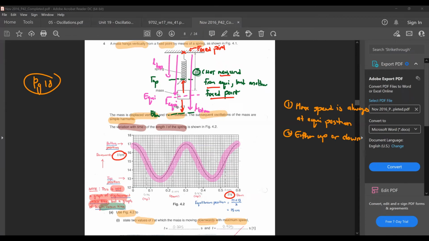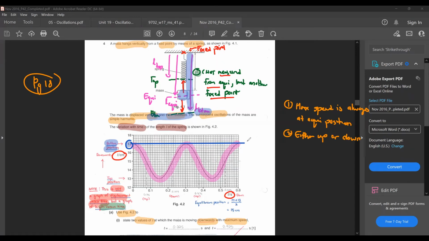So here, if you look at the 17 centimeter mark, you may be tempted to say that this is the top position. But this is actually the bottom position. Because if your mass is oscillating up and down, when it's at the bottommost position, the length is the longest, which is here.